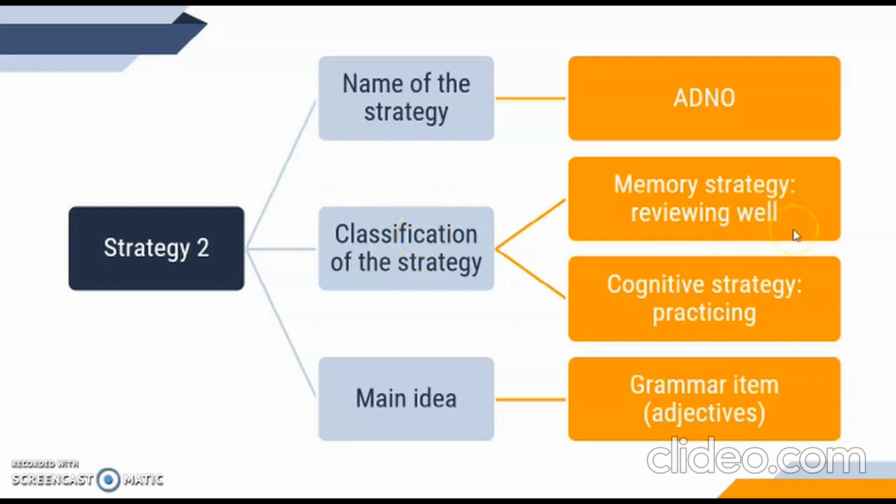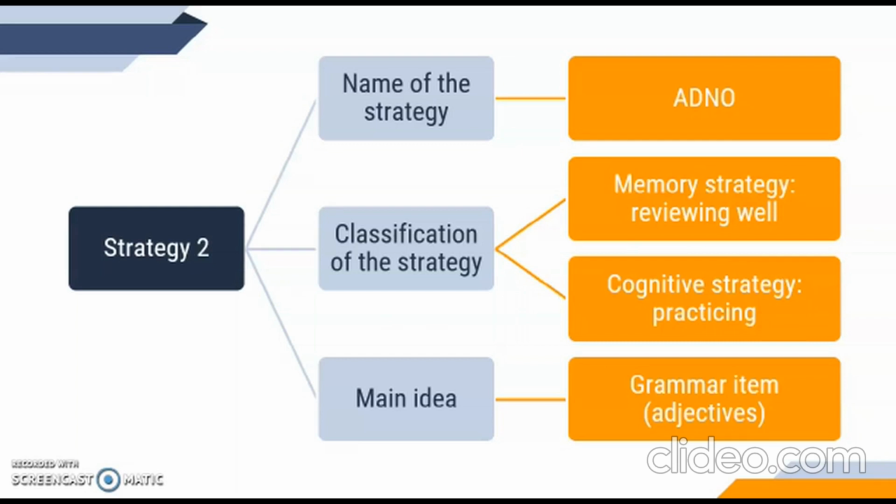Number one is we use memory strategy, in which it allows the learners to review the lesson on their own. And the second one is cognitive strategy. We aim to help the learner, to assist them in practicing what they have learned independently.